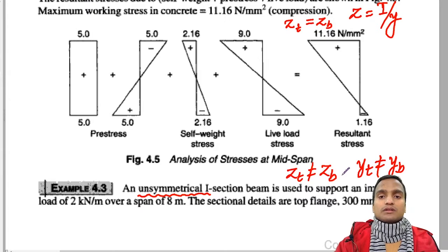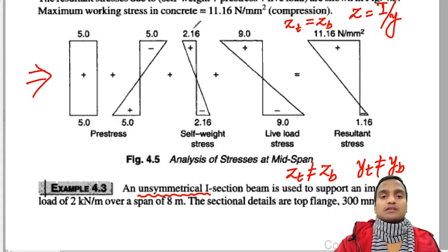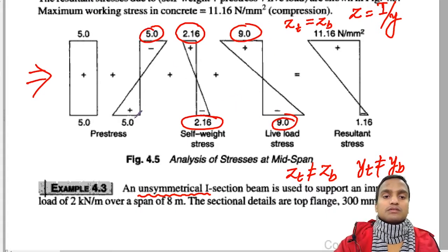Alright. In the symmetrical section, it was very easy. We need not consider separate values of section modulus for the top and bottom fibers. In the stress diagrams at the end, you are seeing that the magnitude of stresses at the top and the bottom in all the stress distributions is the same, isn't it?